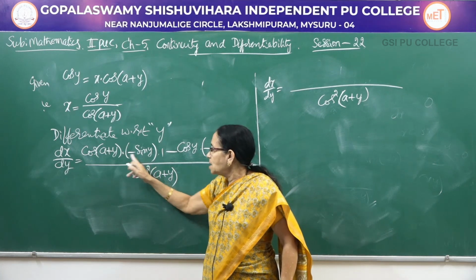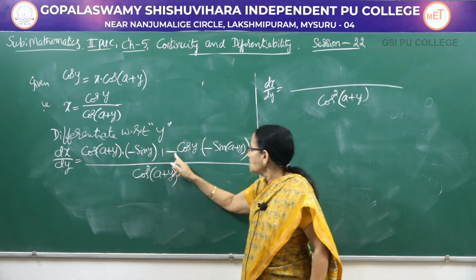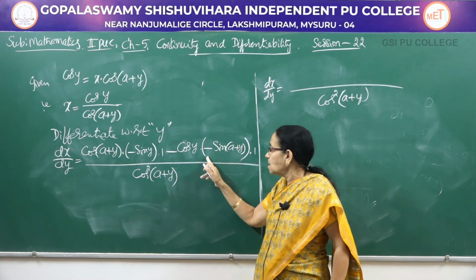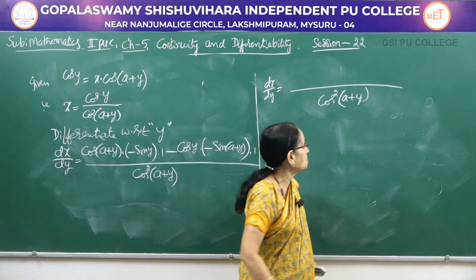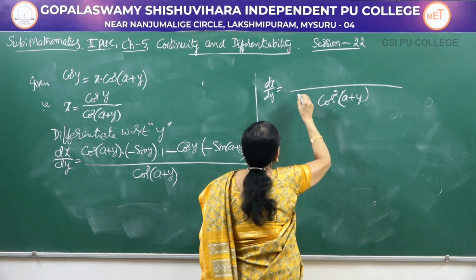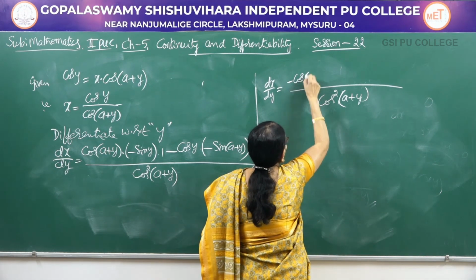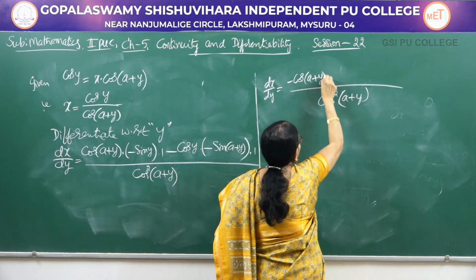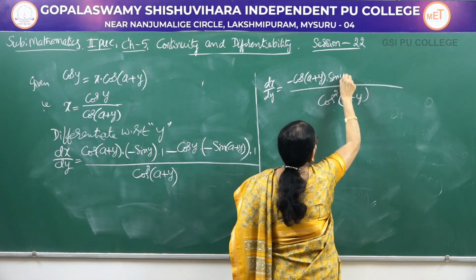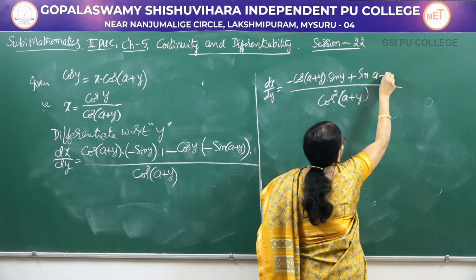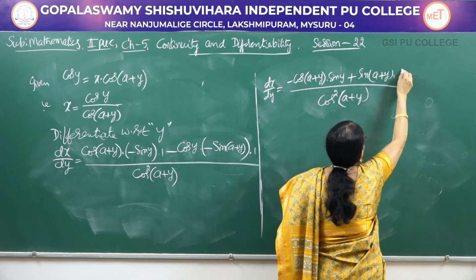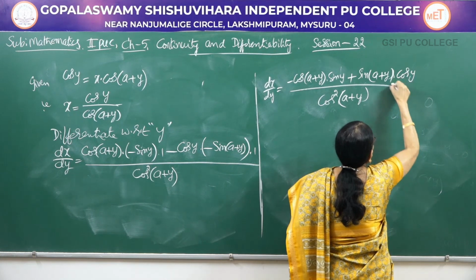Minus sin y into cos of a plus y, minus of minus plus cos y into sin of a plus y. First let me write as it is, then I can write in the proper order. Minus cos of a plus y into sin y, minus of minus plus sin of a plus y into cos y.